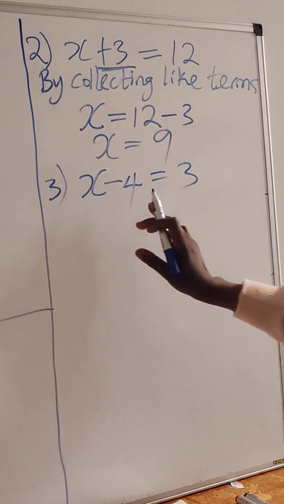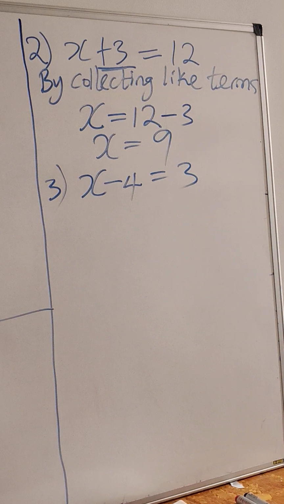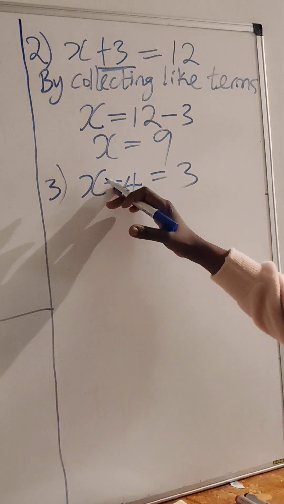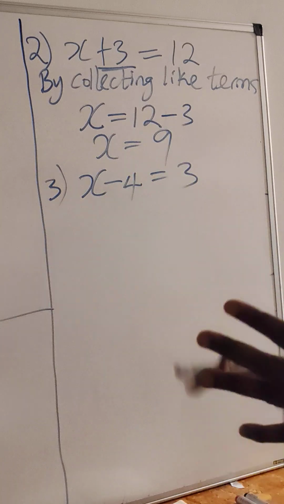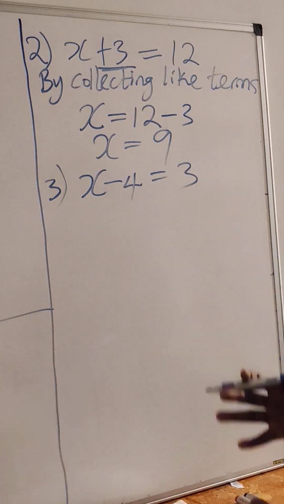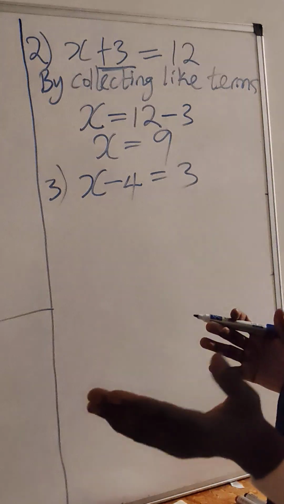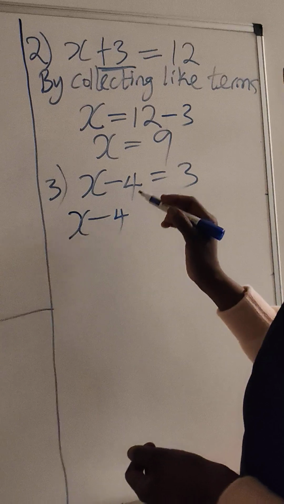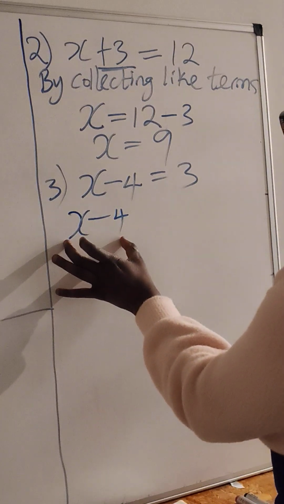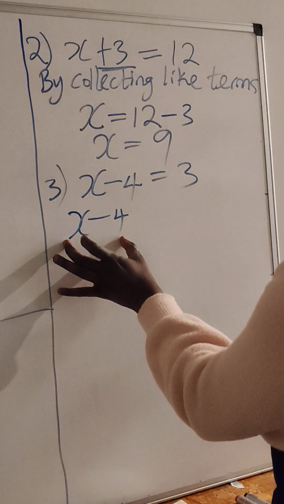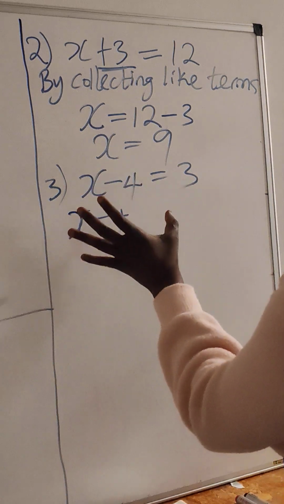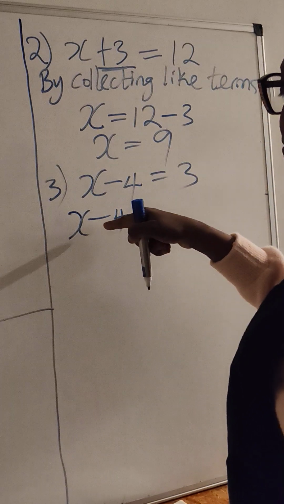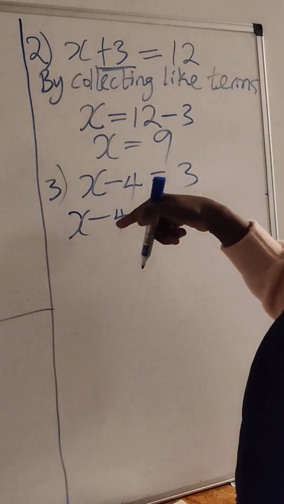In this one, since it's a subtractive relationship, I want to use the two methods now. For the first method, since we have a subtractive relationship with the unknown x, in order to remove this relationship and leave x on its own, we're going to introduce the opposite of the sign we already have.